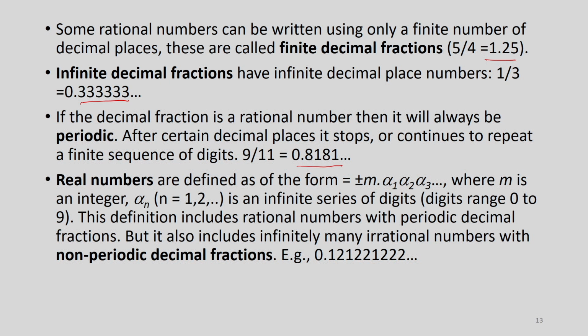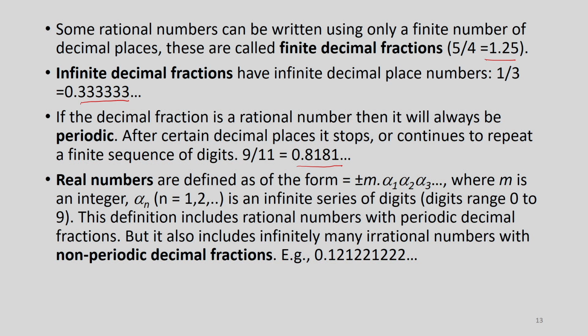And finally, we define what is known as a real number, which is like the union of rational and irrational numbers. Real numbers are defined as of the form x equals plus or minus m point alpha 1, alpha 2, alpha 3, etc. It will go on like that, alpha 4, alpha 5, where m is any integer, and alpha n, where n goes from 1, 2, 3, 4 like that to infinity, is an infinite series of digits.